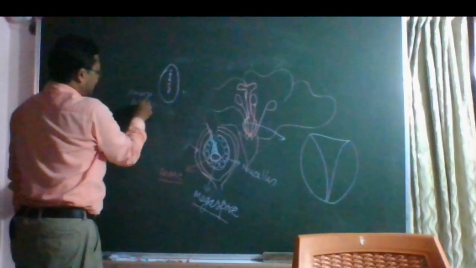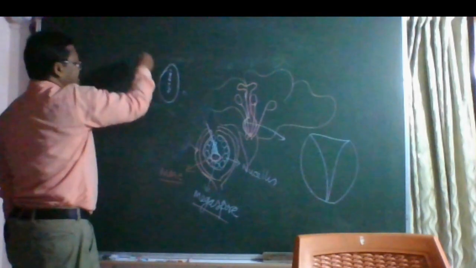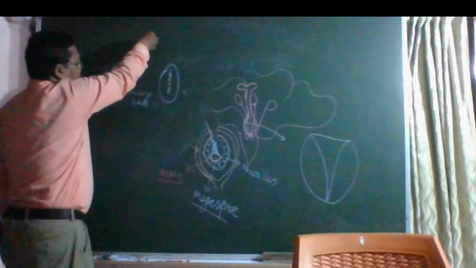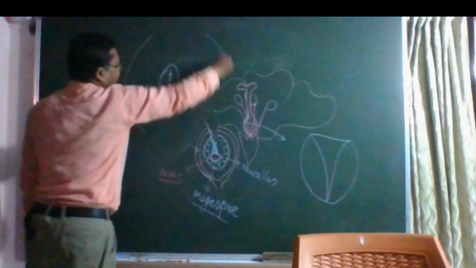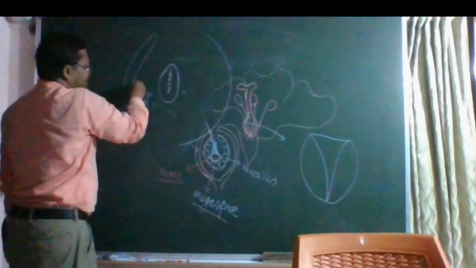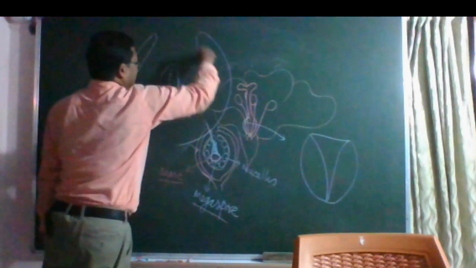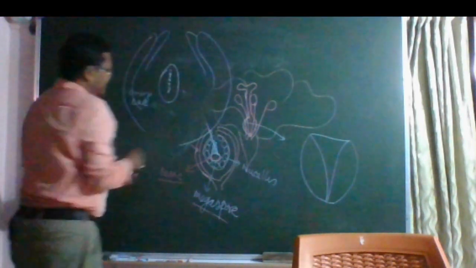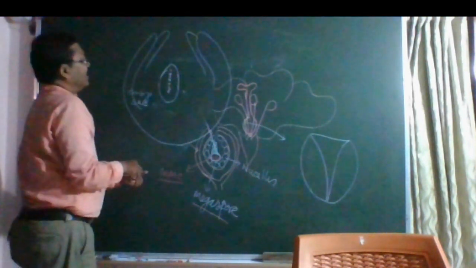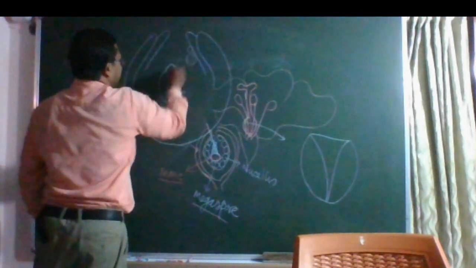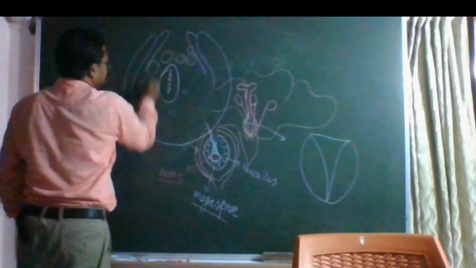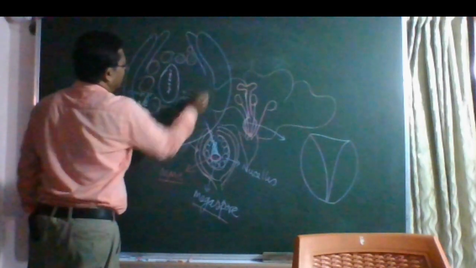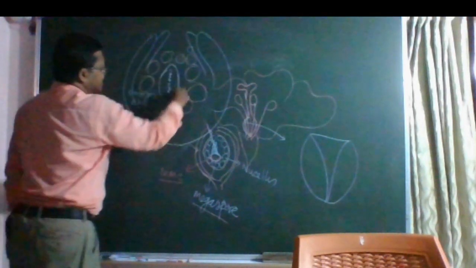Embryo sac. This embryo sac, again, the outside is the integument. This is integument. 1 or 2 layer integument, and within the integument the nucellus tissue is present, and embedded within the nucellus tissue the embryo sac is present.